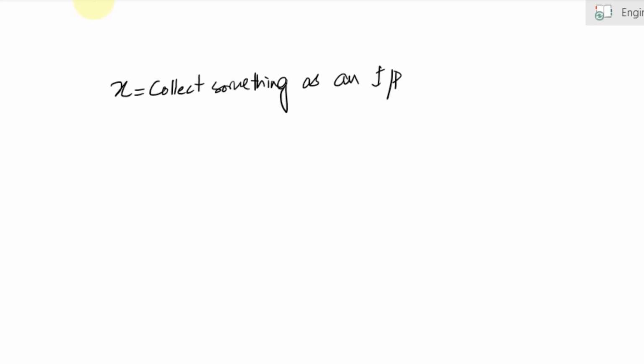When something is collected here, what will happen? The other person will ask if X is an apple. The other person will say yes, or else, this command is also here, else he will say no.